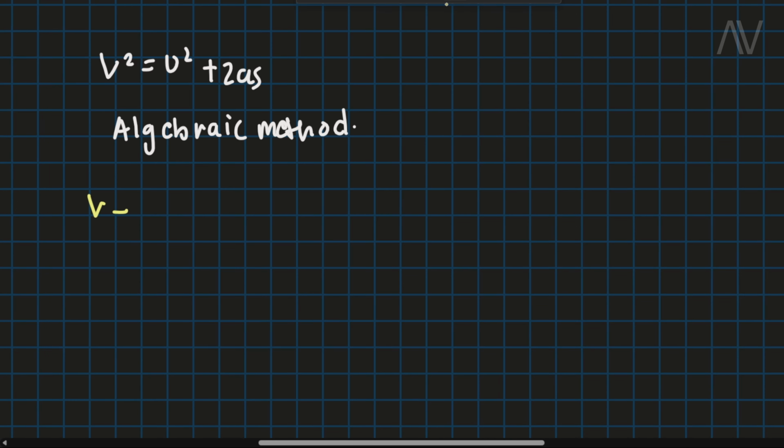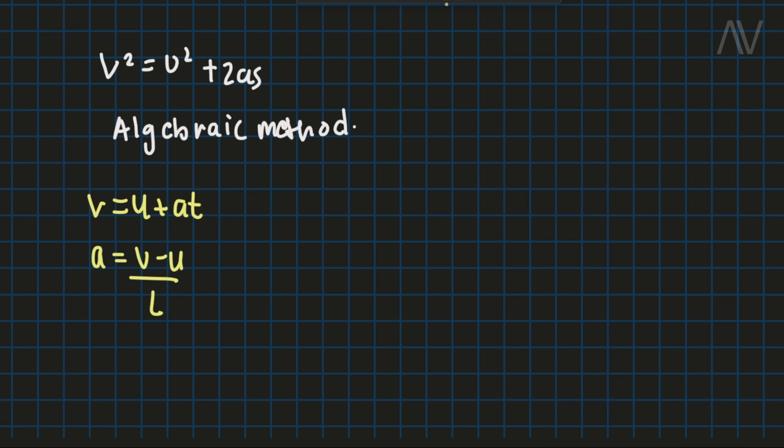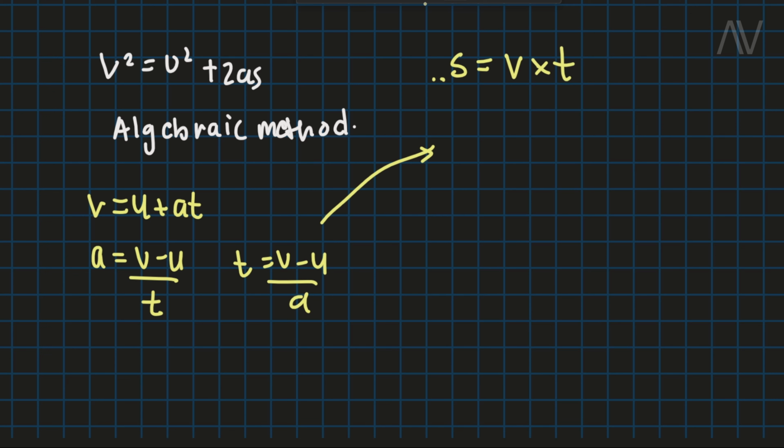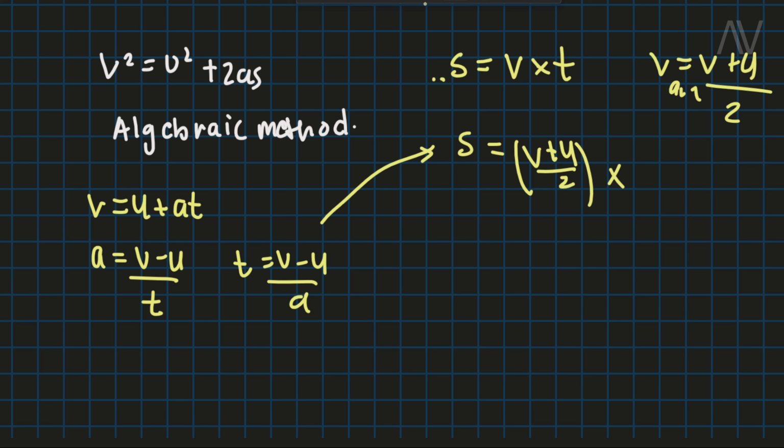So now let us derive the third equation of motion by the algebraic method. We know that v is equal to u plus at, and acceleration is equal to (v minus u) upon t. Displacement is equal to speed into time, and average speed is equal to (final plus initial) by 2. So s is equal to (v plus u) upon 2 into the time, that is (v minus u) upon a.